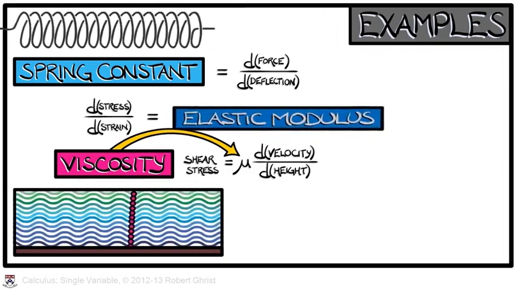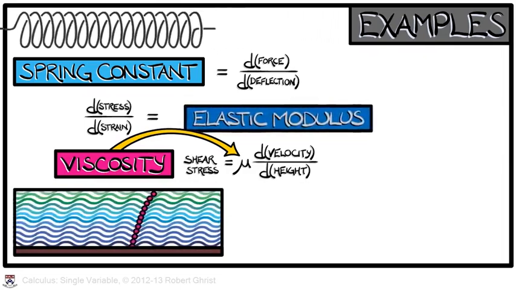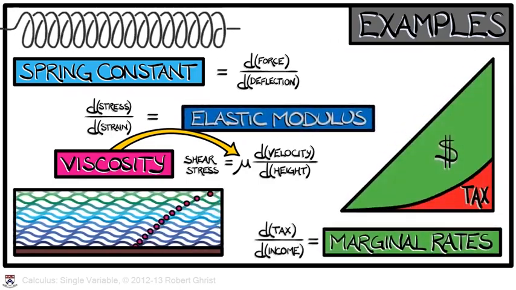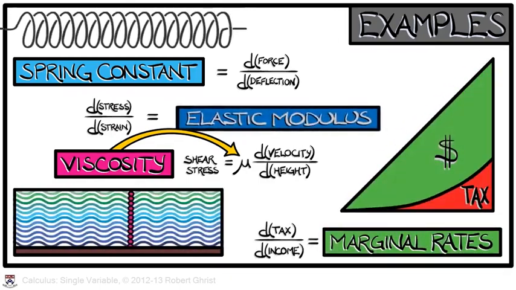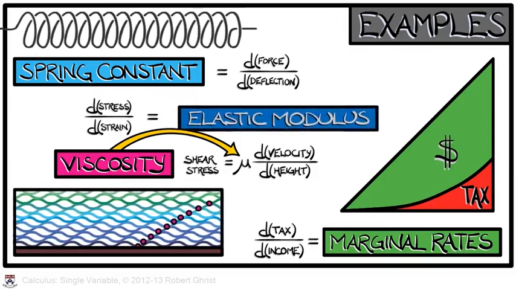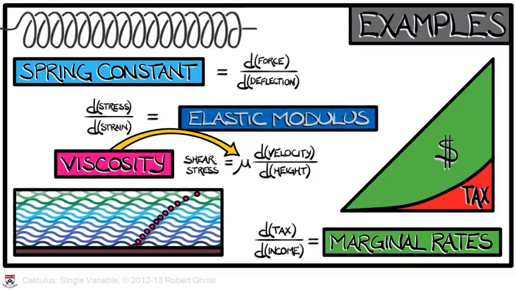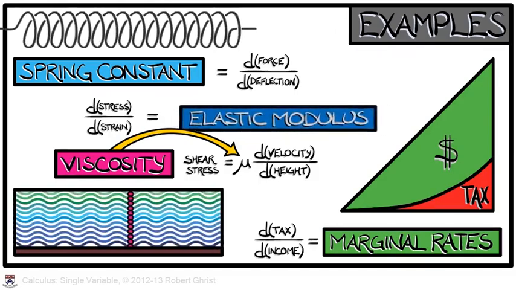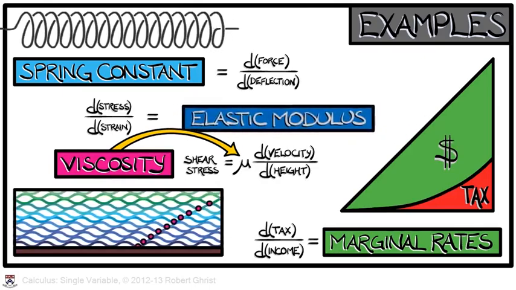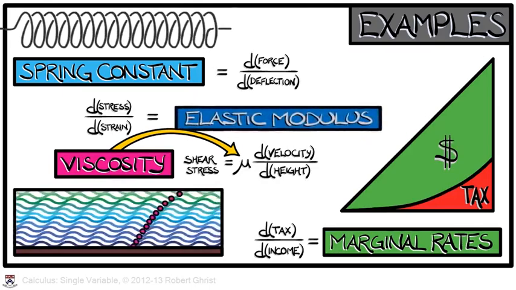And finally, economics consists of all manner of interesting derivatives. For example, if you look at marginal tax rates, these are defined as the rate of change of the amount of tax collected with respect to change in income. All of these are wonderful examples of derivatives.